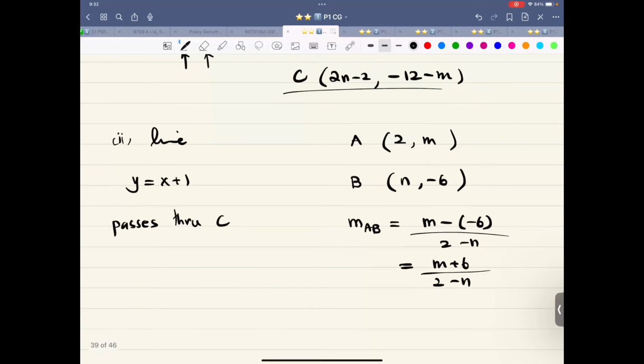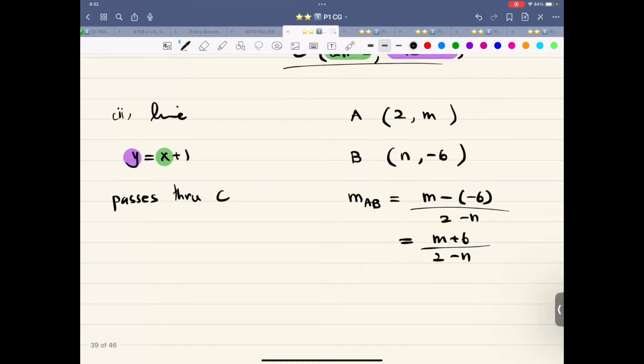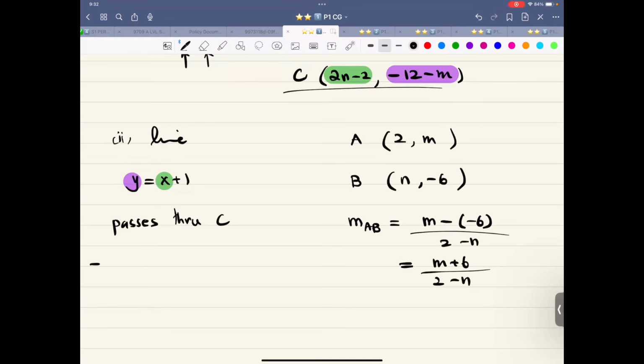This line passes through C. That means plug things where they belong. The x coordinate should go over here, and the y coordinate should go over here. So let me write it properly. Negative 12 minus m equals 2n minus 2, that is the x coordinate, plus 1.